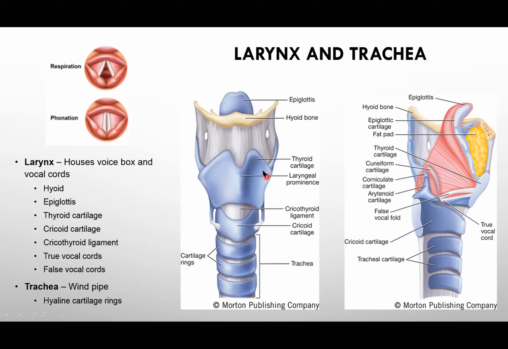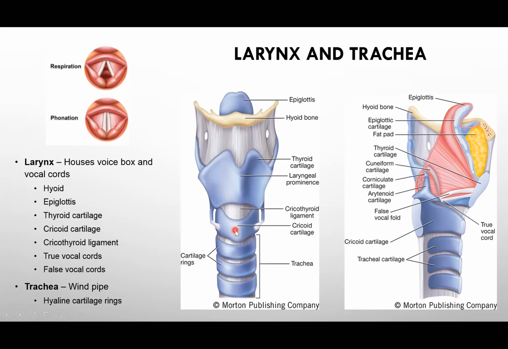We have some thyroid cartilage, which, as you can imagine, helps to anchor and protect the thyroid gland. We have cricoid cartilage, which is just beneath the thyroid cartilage. And then we have this cricothyroid ligament, which connects the thyroid cartilage to the cricoid cartilage.